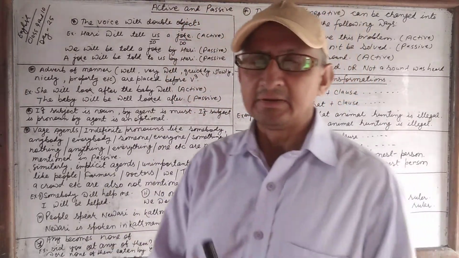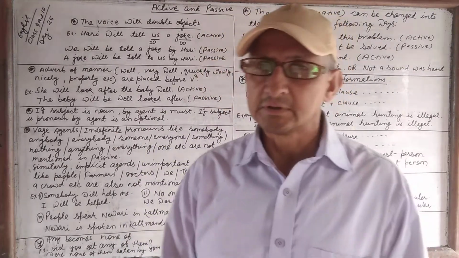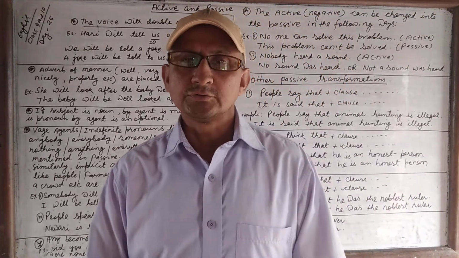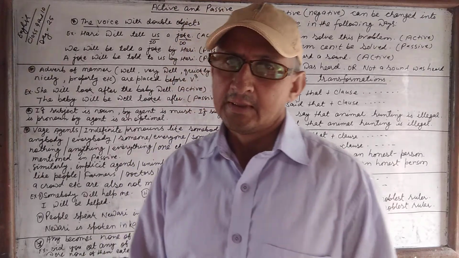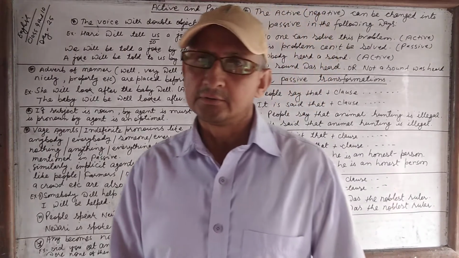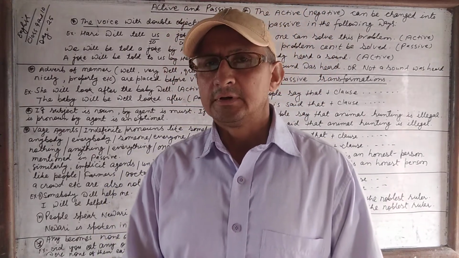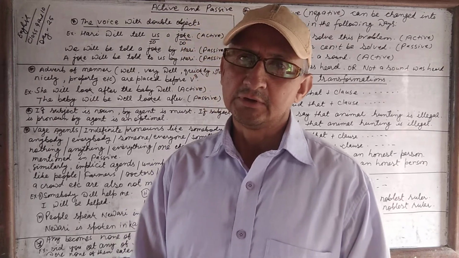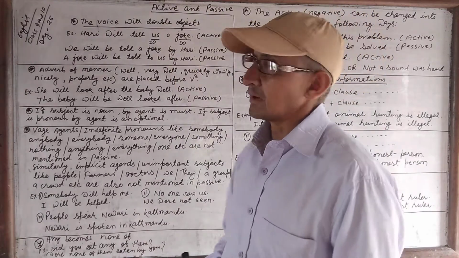We are reading the basic rules or tips on how to change active into passive. Let's learn another basic rule of transforming active voice into passive: the voice with double object.